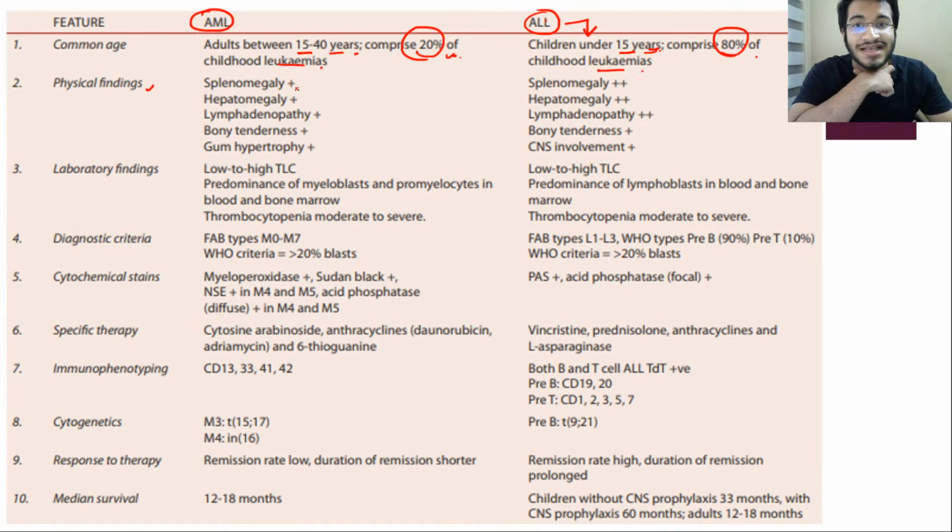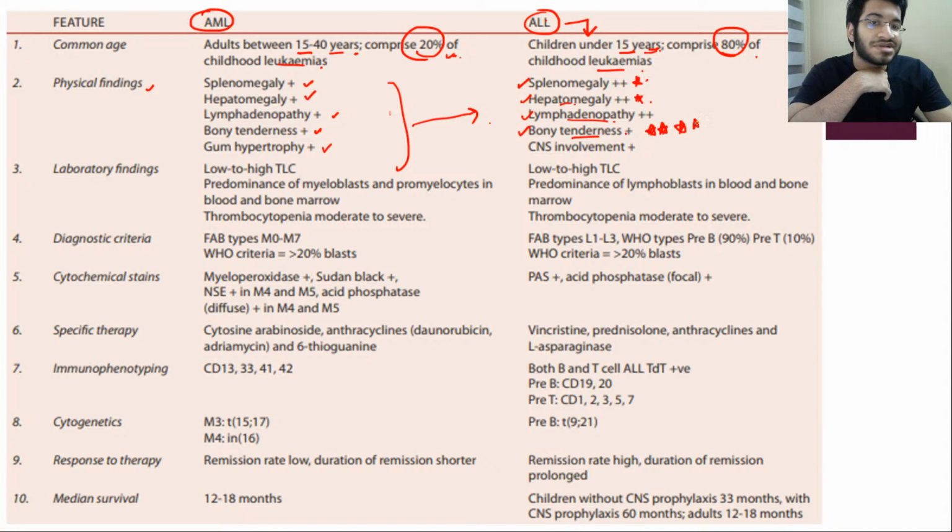Then physical findings: splenomegaly will be there, hepatomegaly will be there, lymphadenopathy will be there, bony tenderness will be there, and gum hypertrophy. All the general features or physical findings are the same. So in ALL, splenomegaly will be there, but massive splenomegaly, hepatomegaly will also be massive, lymphadenopathy will be there, then bony tenderness will be there, right?